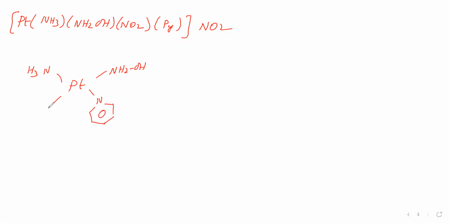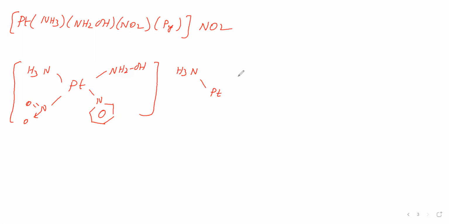Pyridine. Here we will write NO2. Now, keep one ligand fixed and interchange any other two ligands, and you will get another isomer. Let us fix NH3 constant.